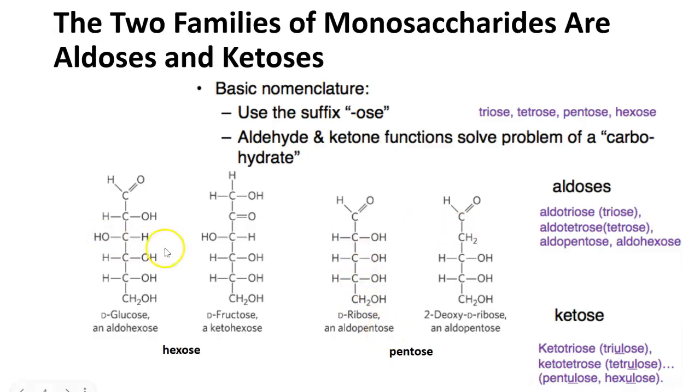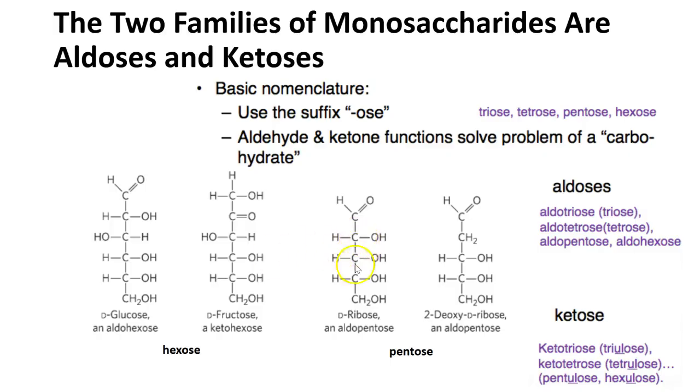Some other things to keep in mind: with the hexoses happening right here, you have a D-glucose and a D-fructose. The difference between glucose and fructose is that glucose has an aldehyde and fructose has a ketone, but they have the same length of carbon chain.